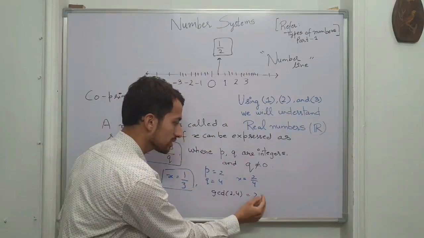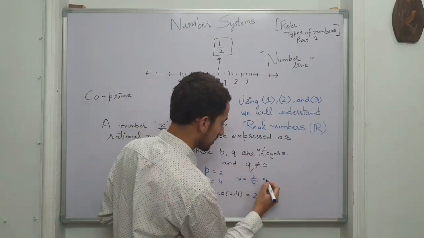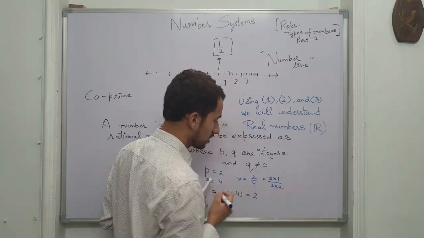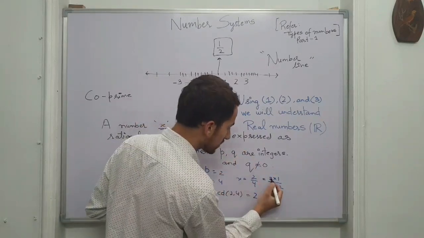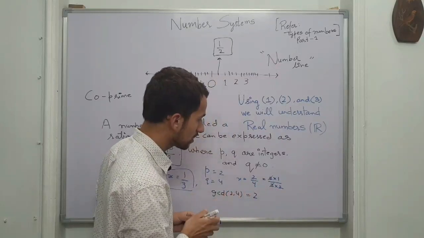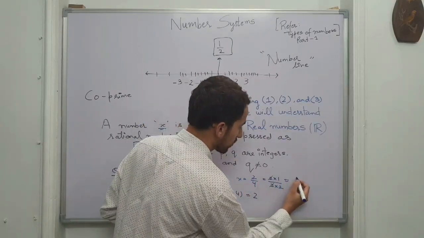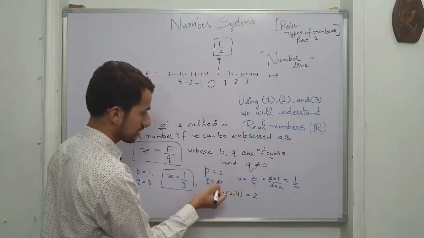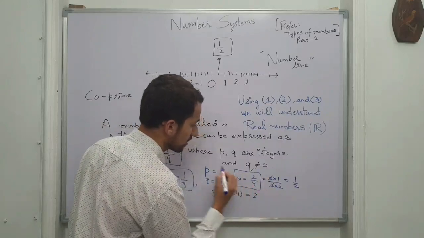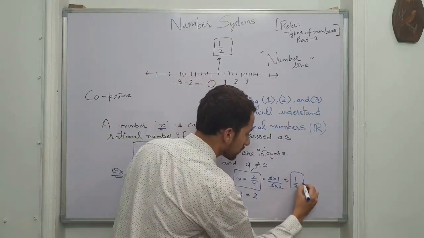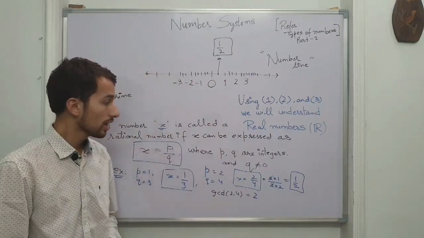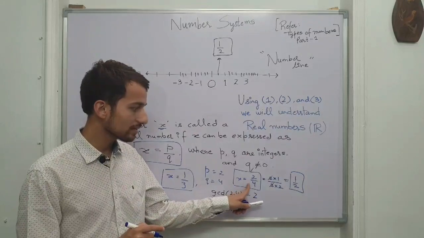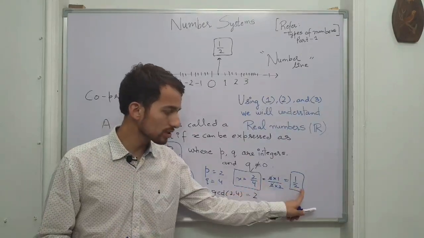So now, if I factorize it further, this 4 can be expressed as 2 times 2. You can cancel these two. Now this is nothing but 1 by 2. So this was our original x, and now it reduces to this one. In this case, we'll say that this rational number is equivalent to this one.